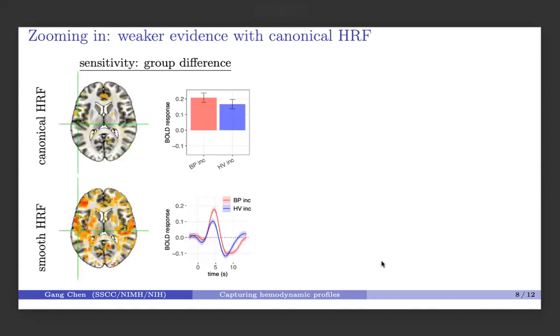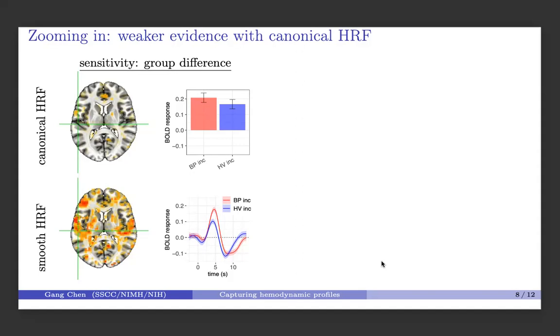But let's zoom in to take a closer look at two scenarios. In the first scenario, we focus on comparing the two groups under the incongruent condition. In the first column on the left-hand side, you can see that for the group comparison under this incongruent condition, the smooth HRF approach is much more sensitive. If we look at this focal point, the crosshair, we can compare the two approaches more specifically at this particular voxel in the insula.